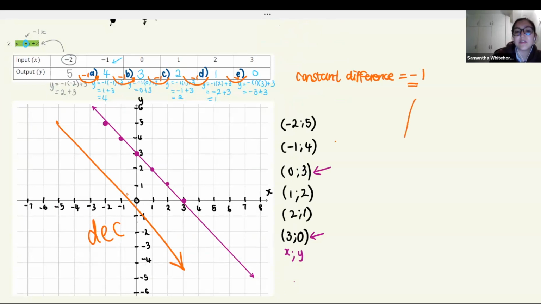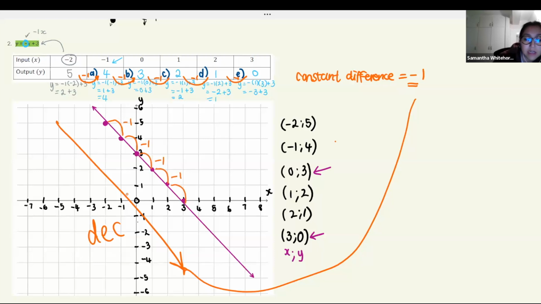That negative means that my graph is decreasing from left to right. I'm still subtracting the same number. I can see that I've subtracted 1 block, I've subtracted 1 block, and I've subtracted 1 each time to get from 1 point to the next. But because I'm subtracting now, my line is decreasing.